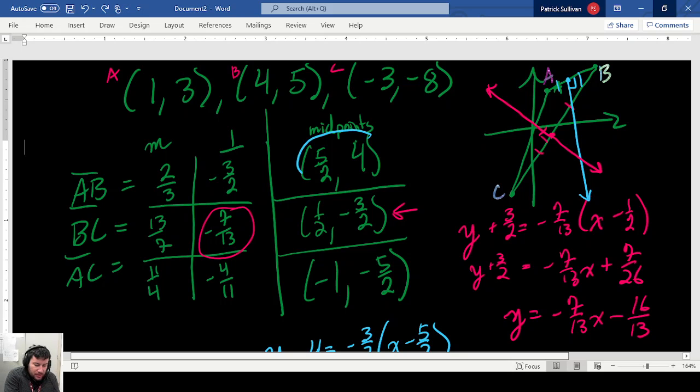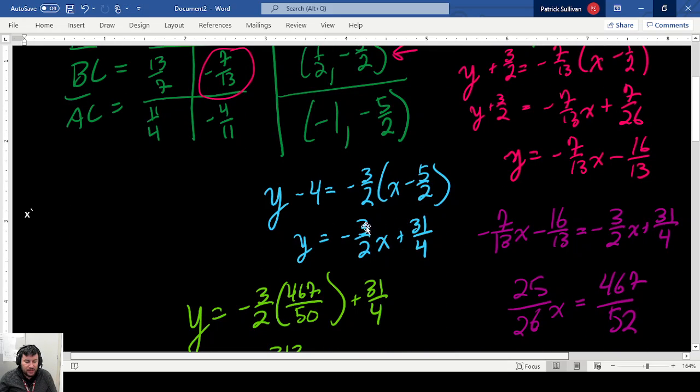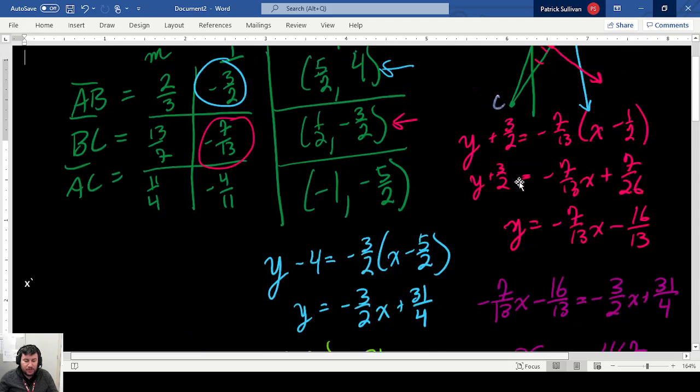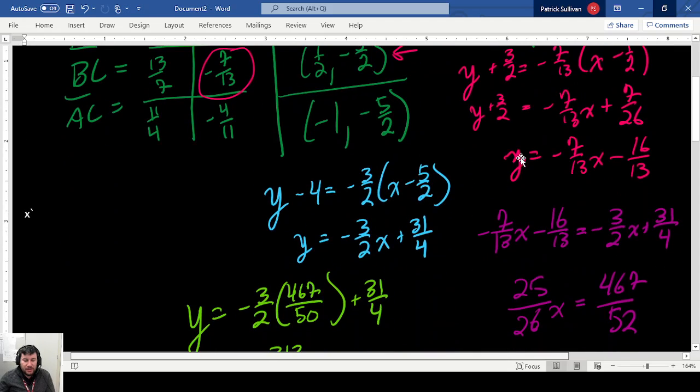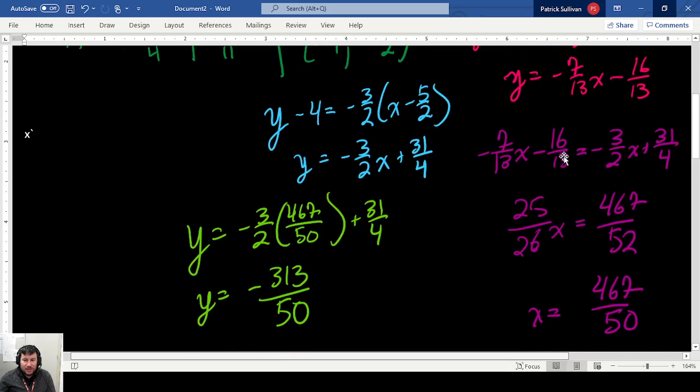So I used the midpoint here and the perpendicular slope negative 3/2. And again, I just simplified it down to set it equal to y. Now I need to solve a system of these two equations to find where they intersect, right? I'm trying to find this point of intersection. So if I have the equations of the two lines, then I just need to set those equations equal to one another. And then I get this business here in purple.